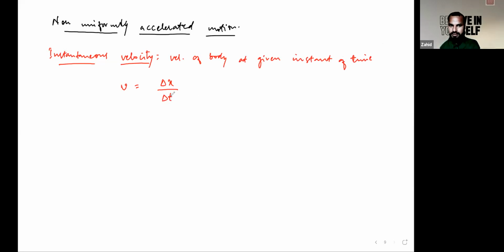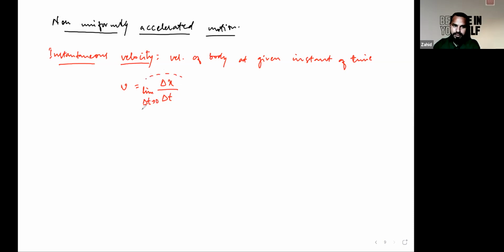Now, to make this instantaneous, you have to take this difference to be very small, so that it tends to zero. So we use the limit delta t tends to zero.